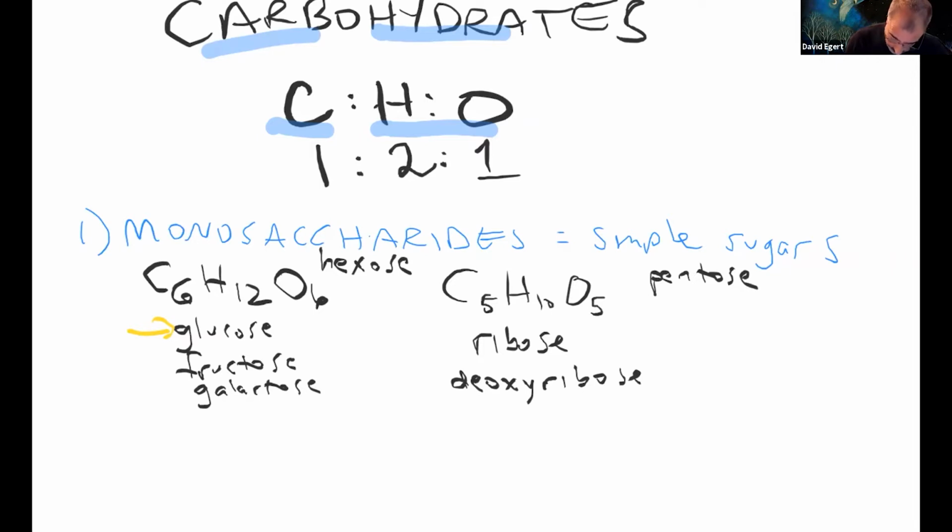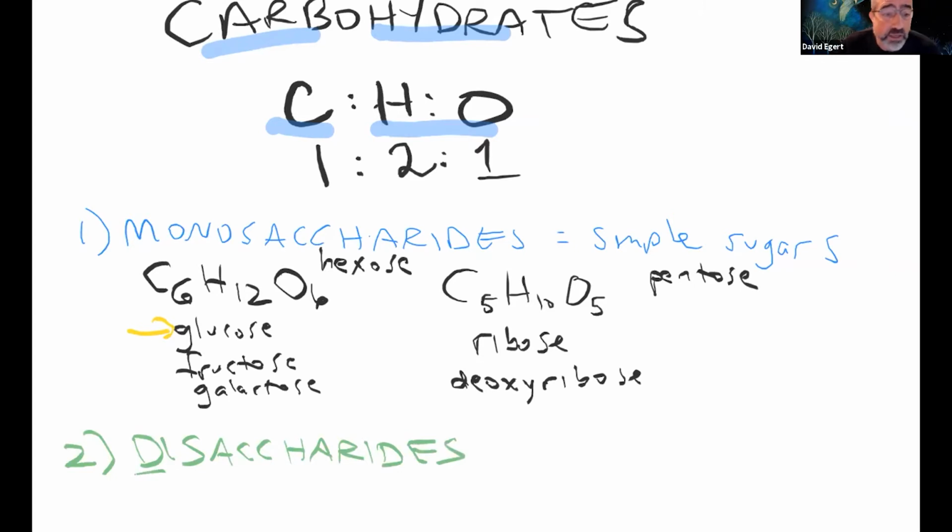The next category that we're going to add in here are disaccharides. Di for 2, it's when you add 2 monosaccharides together.